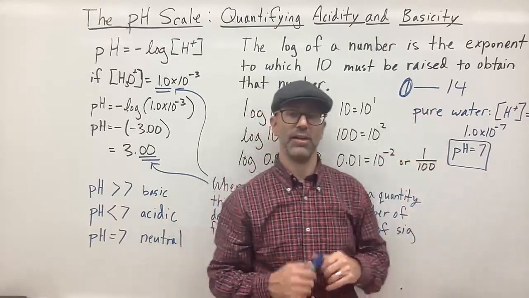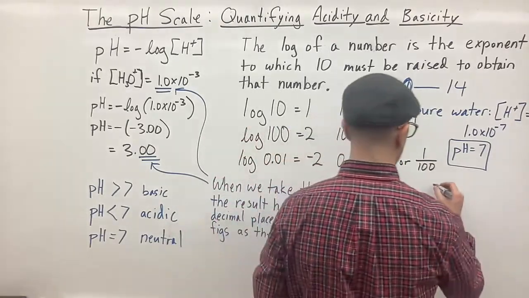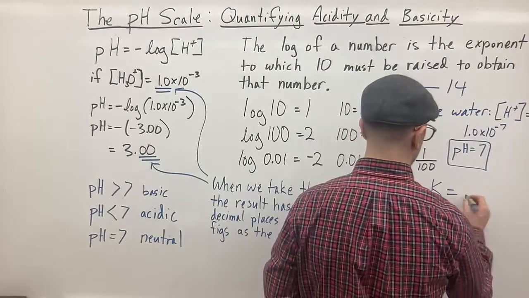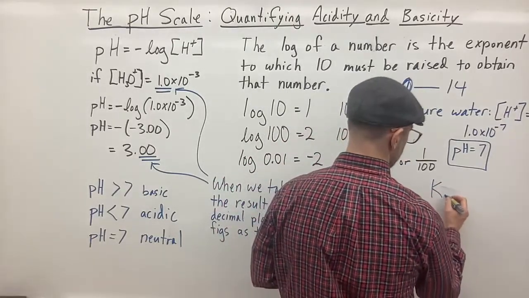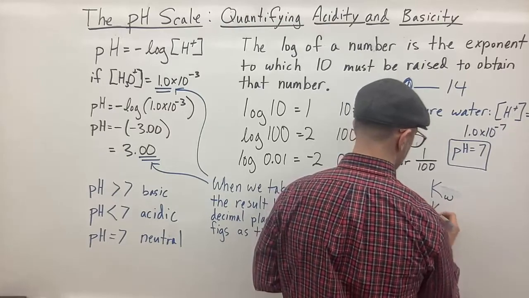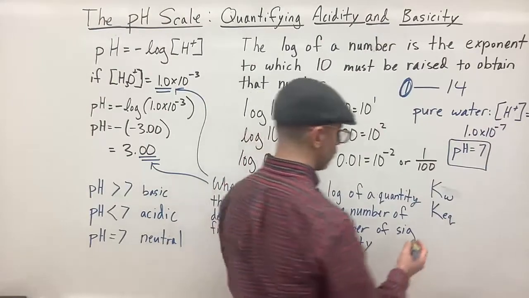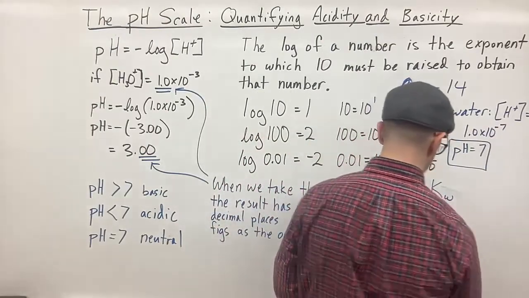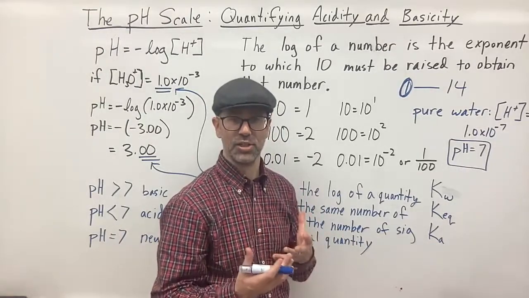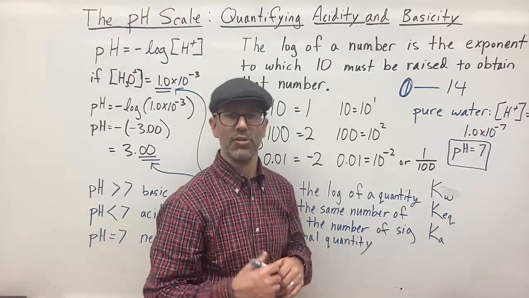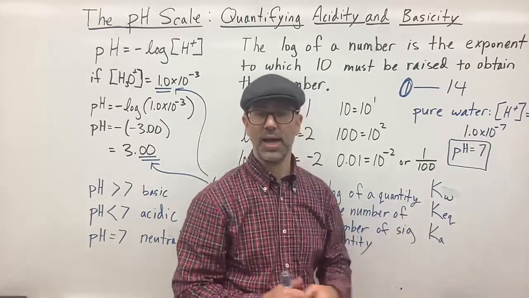And the reason for that is we said before that the equilibrium constant, K, either Kw or Keq, the equilibrium constant of various reactions, or Ka, the ionization constant for acids, all of these equilibrium constants depend on temperature.